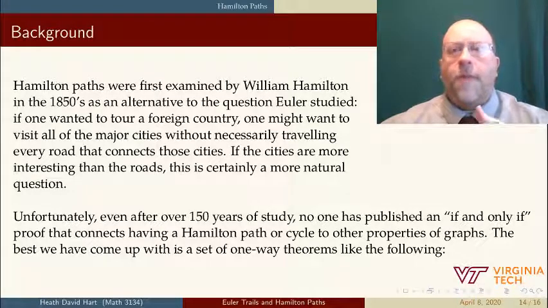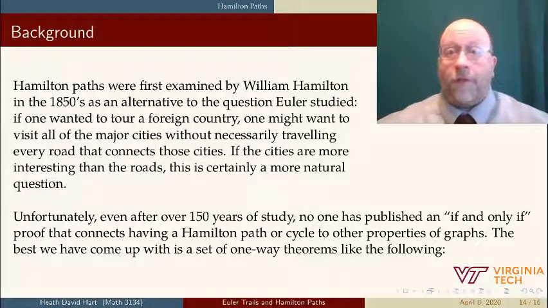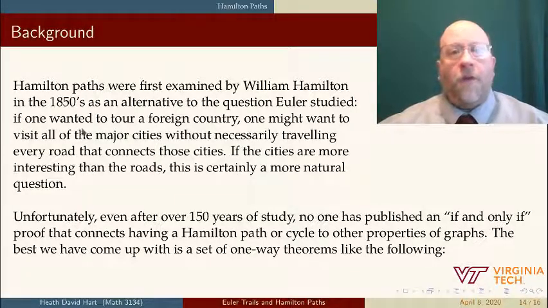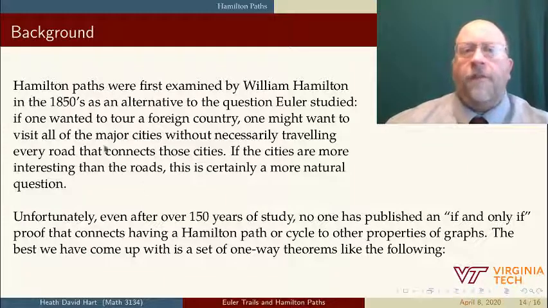If you zoom out, instead of traveling within a community to touring across a nation, you might want to visit all of the major cities, but you don't necessarily need to see all the highways. I just want to connect all the different dots on the map. If we find the cities more interesting than the individual roads and houses, this is a different type of question. It's a more natural question.